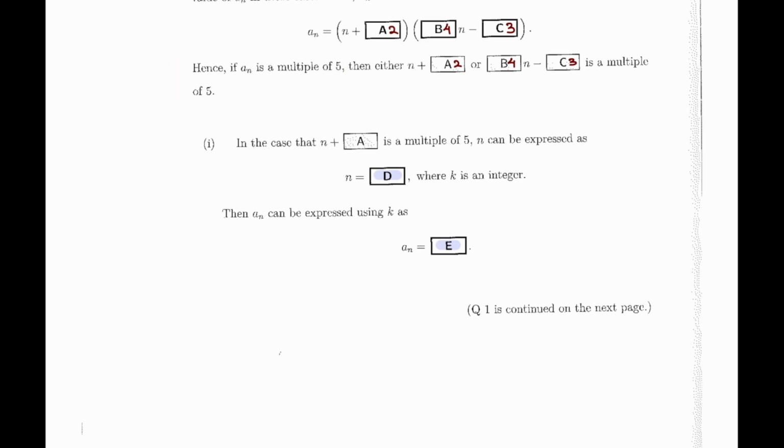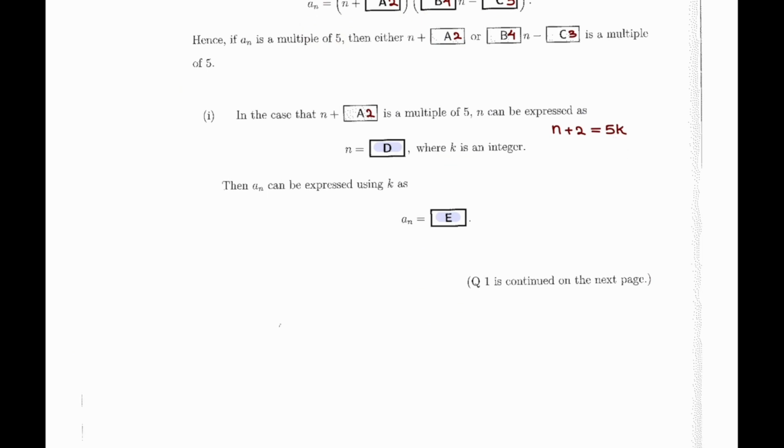In the case when n plus 2 is a multiple of 5, n can be expressed as something, where k is an integer. They tell us that n plus 2 is a multiple of 5. So I can write down n plus 2 is equal to 5k, 5 times an integer.